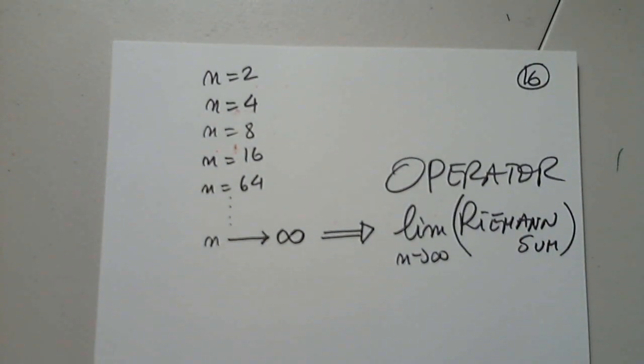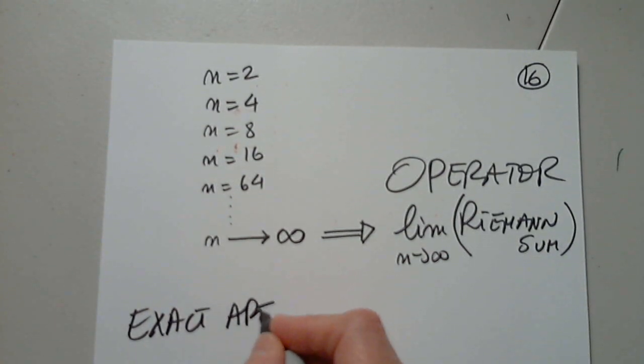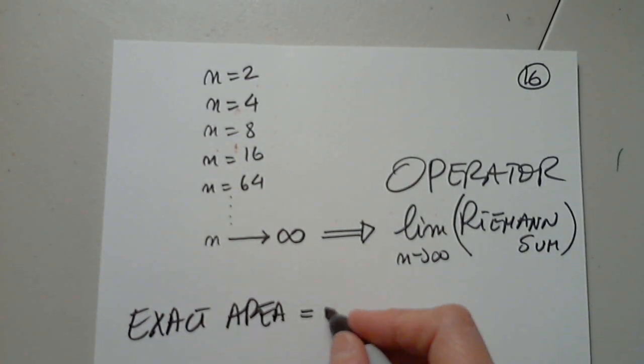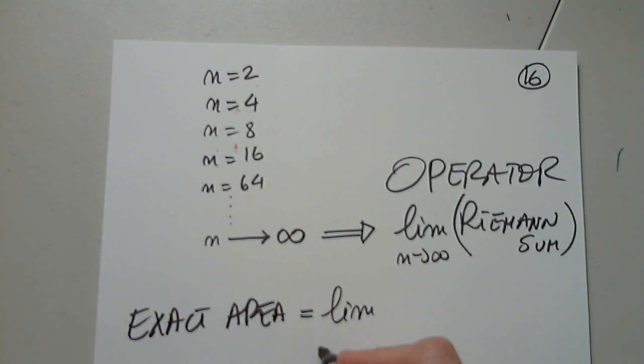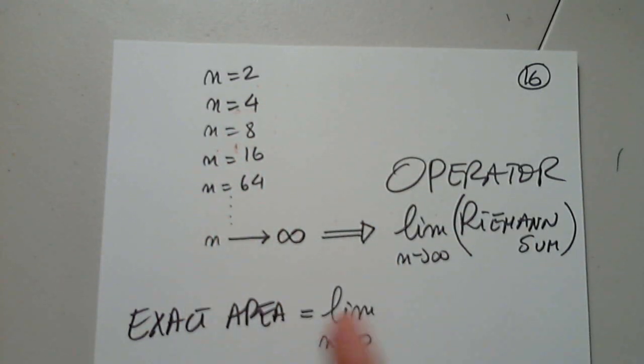So, exact area equals the limit as n approaches infinity. The number of subintervals fills in everything in the area, infinity, from the Riemann sum.